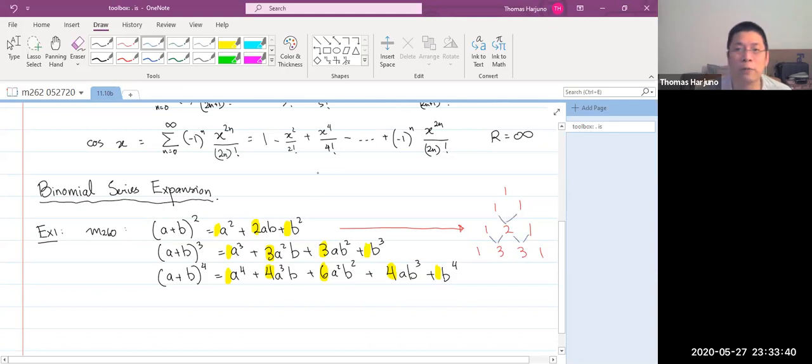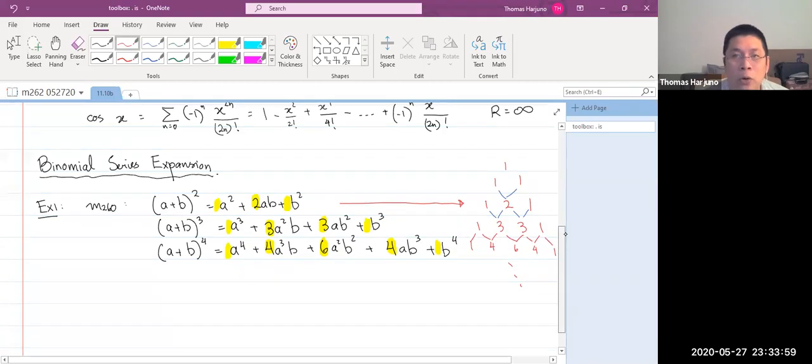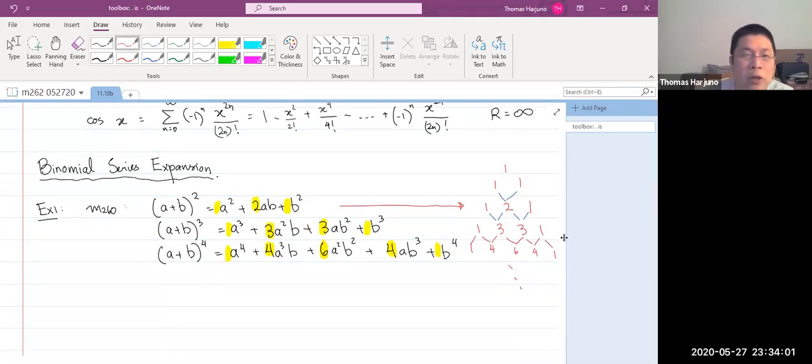If I go to the 4th, it will be 1, 4, 6, 4, 1, and you can keep on going. So if the exponent is a small integer, 2, 3, 4, or maybe 5, you can just use that Pascal's triangle.